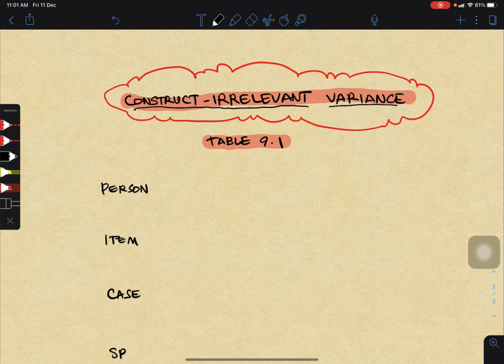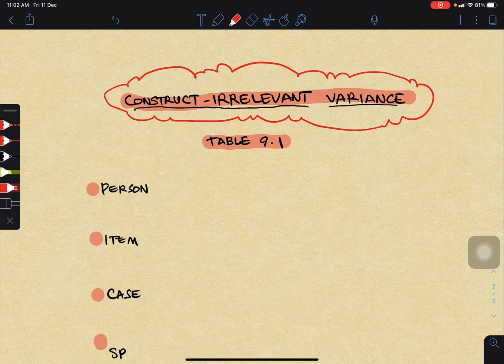Now, what is variance? Variance is the difference in the marks between one candidate and the other. What are the sources of these differences between one candidate and another? Basically, it can be the person, the item, the case, the standardized patients, and so on and so forth.